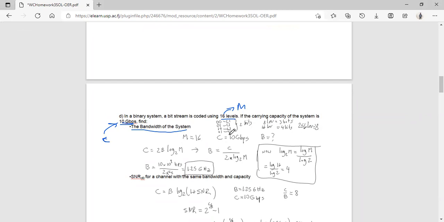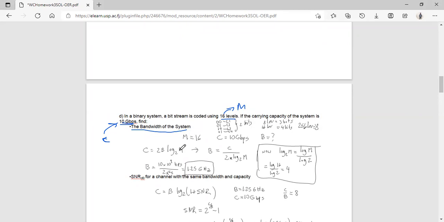So we know M and we know C. In order to find B, what do we need? This is related to the Nyquist theorem, isn't it? So going back to our Nyquist theorem, it states that C is equal to 2B log base 2 of M. Okay.